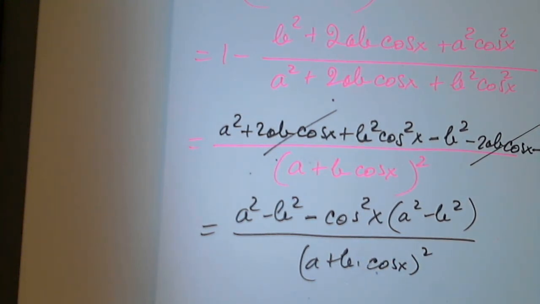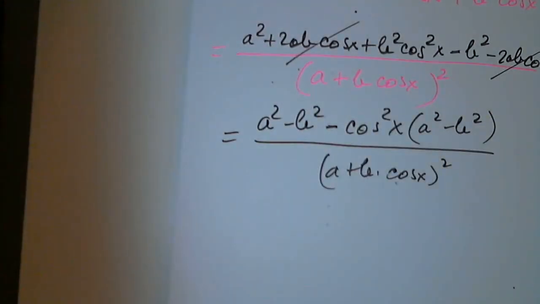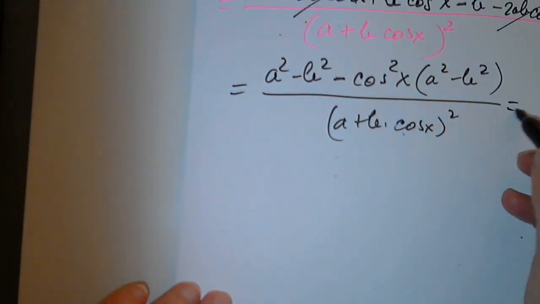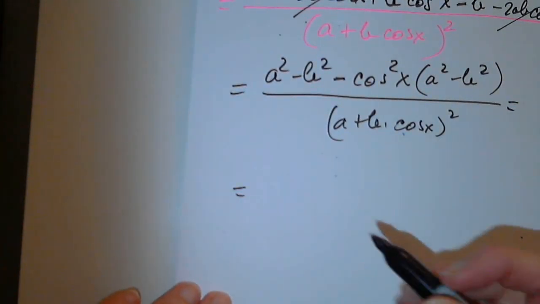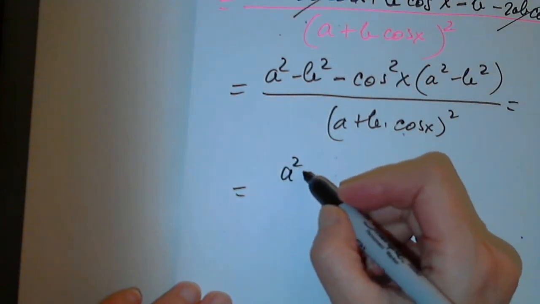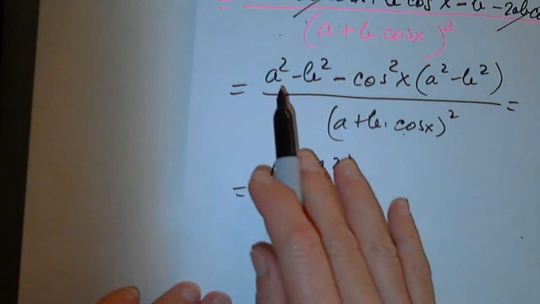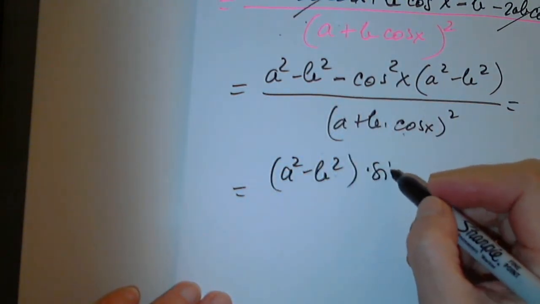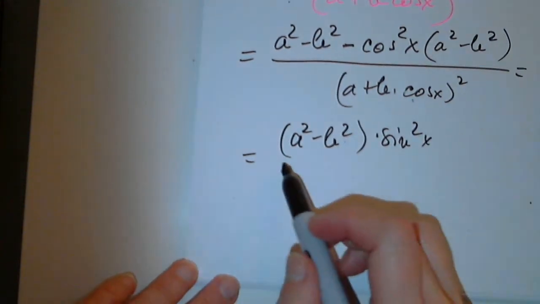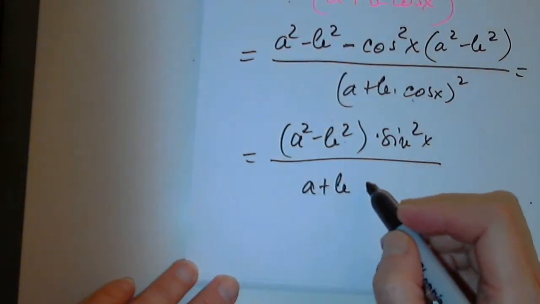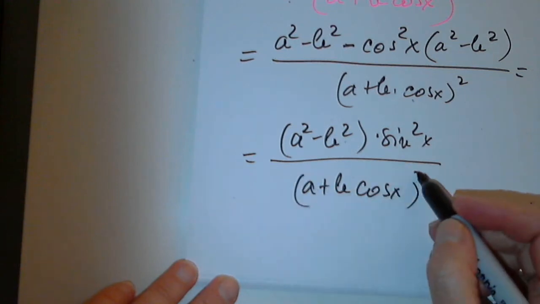I see what happens here. So the numerator, I factor out a squared minus b squared from these two. All this work is just for that denominator, that fraction, 1 over the square root. So I factor out a squared minus b squared. Then I get 1 minus cosine squared, which is sine squared, over a plus b cosine x squared.